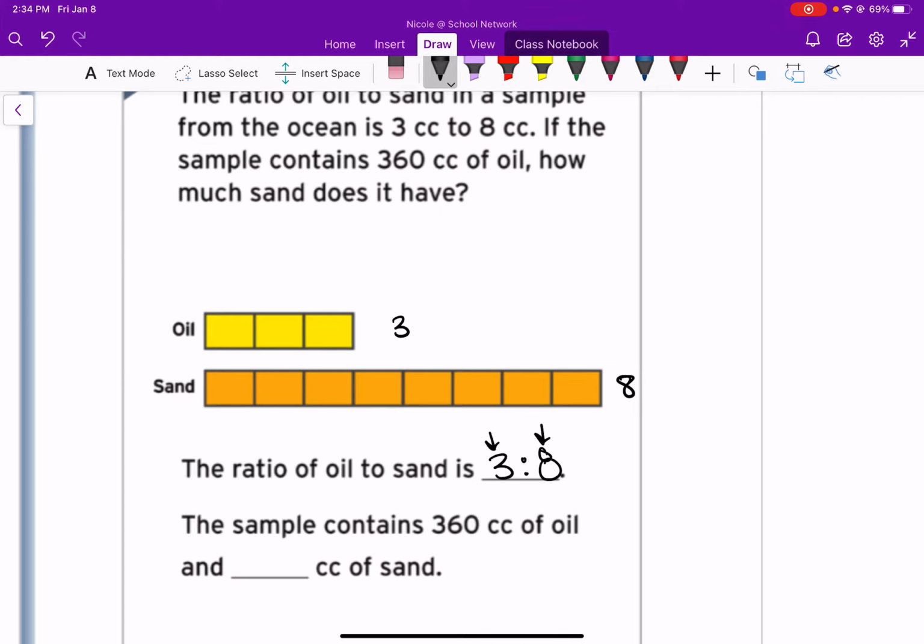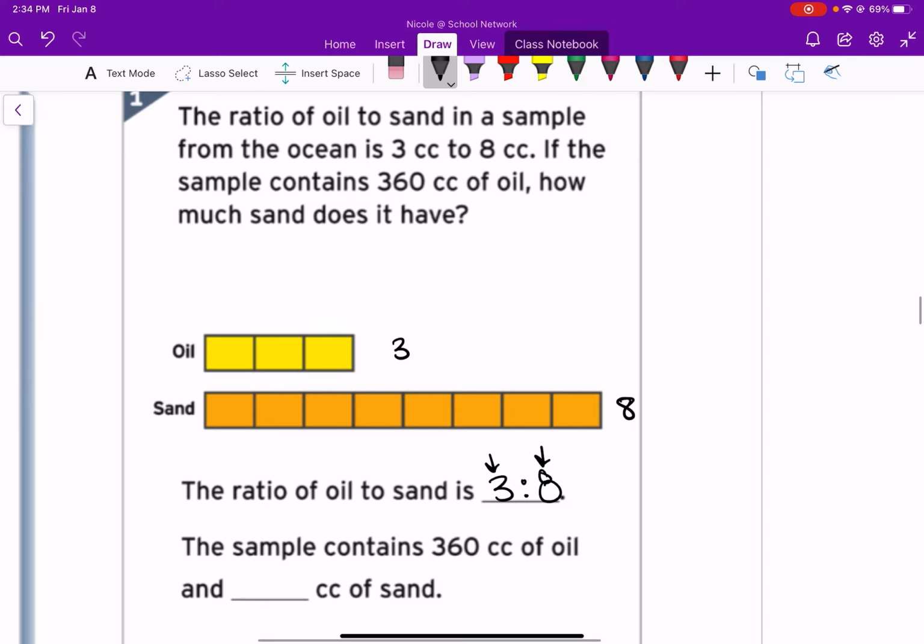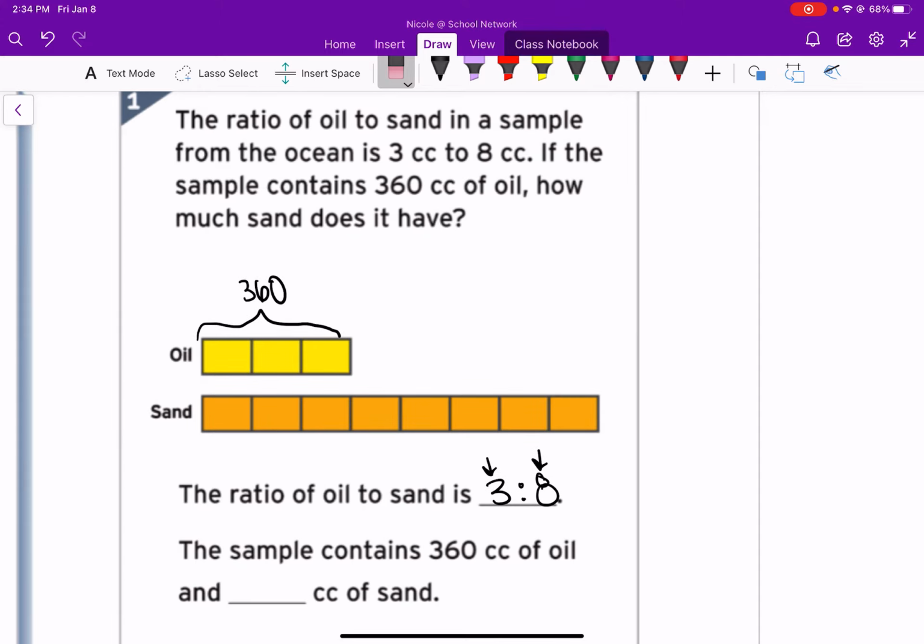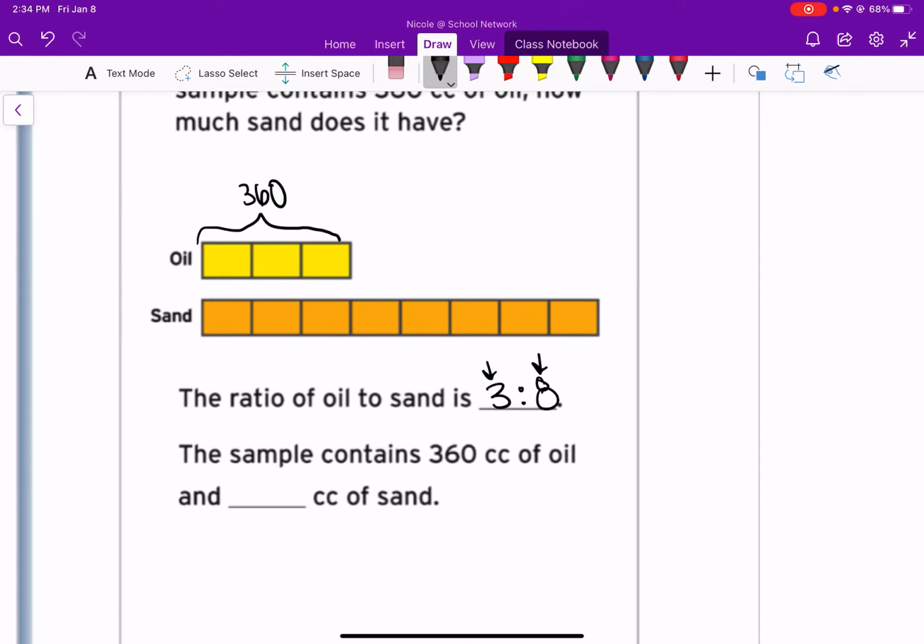So here, if the sample contains 360 cc of oil, so this is 360. How much sand does it have? So we want to find out how much this is. So if this is 360 oil, these 3 parts should each be 120.